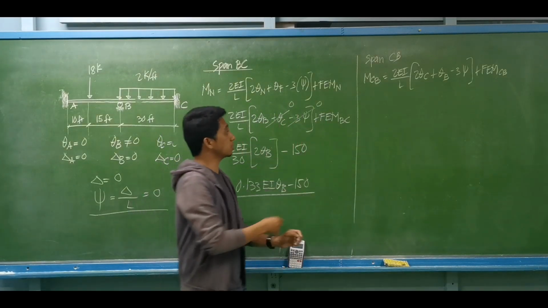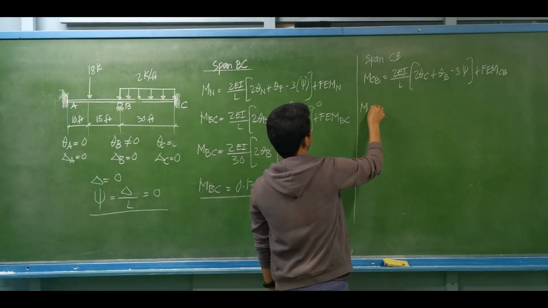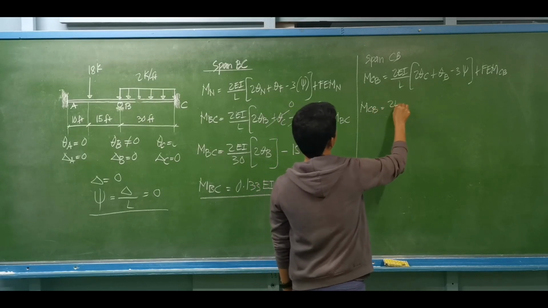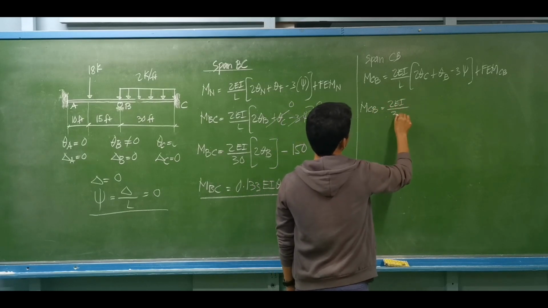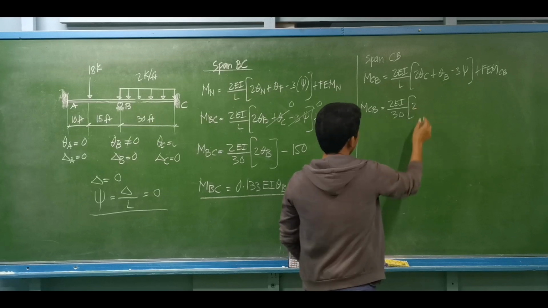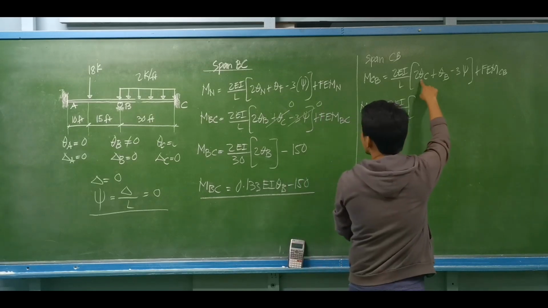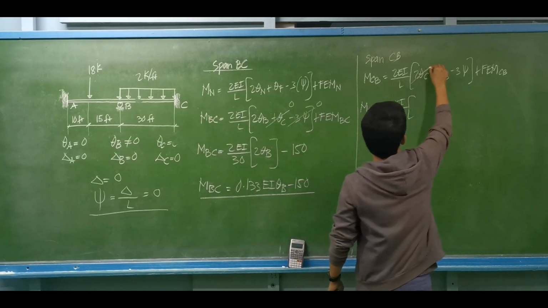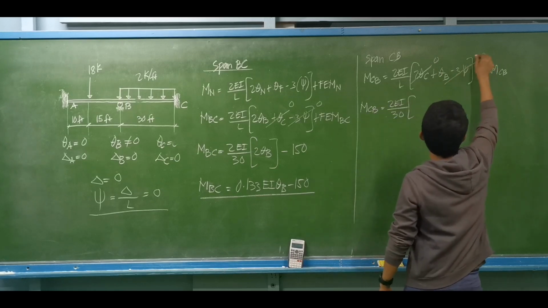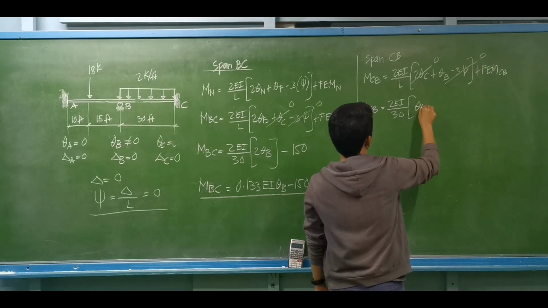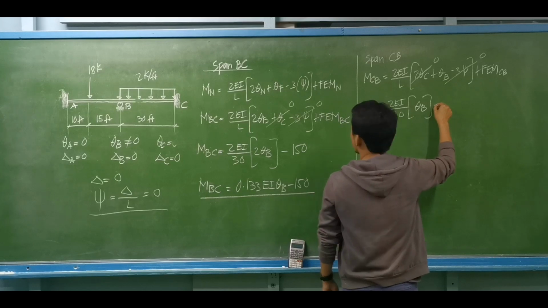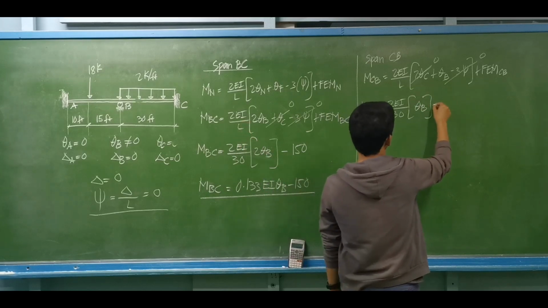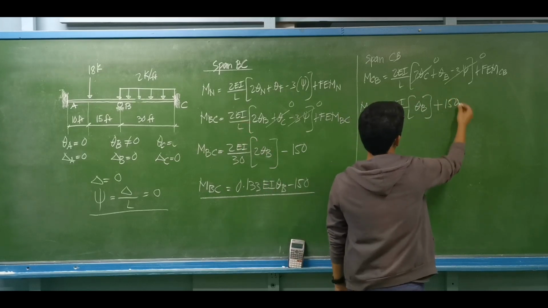We substitute. We have the moment for member CB is equal to twice of EI divided by 30, multiplied by theta C. Again, we don't have a rotation for a fixed support, this is 0. No chord rotation, 0. So we have theta sub B. Then that is the support on the right, that will be positive 150.